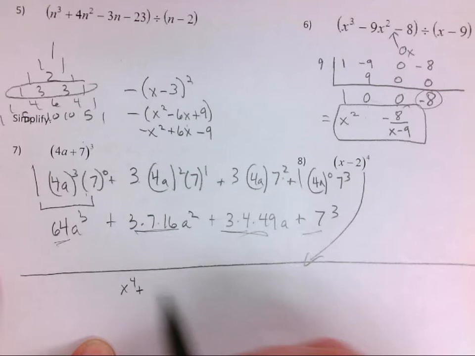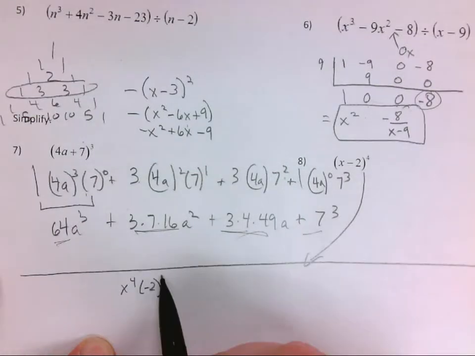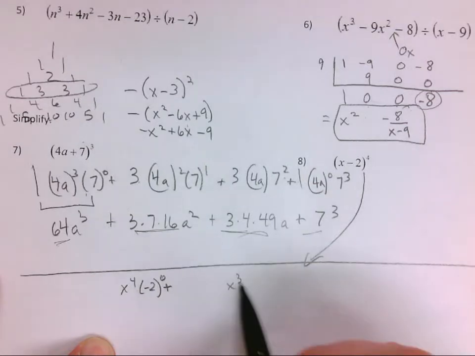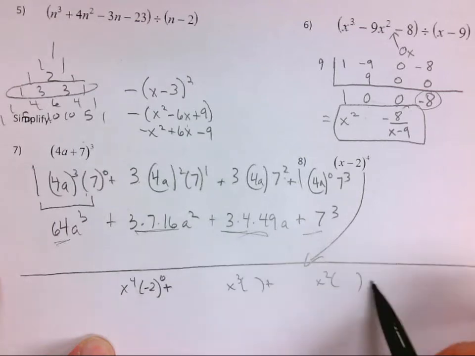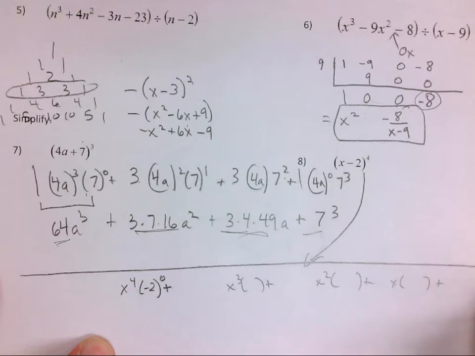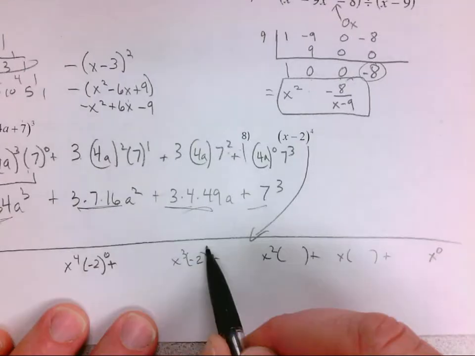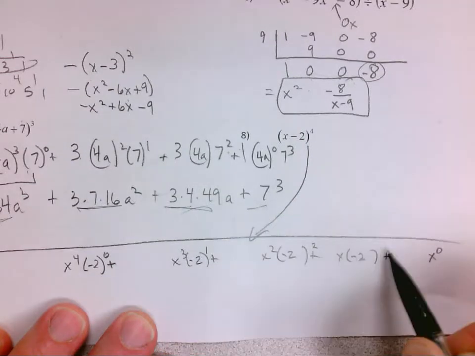X to the third, x to the second, x to the first, x to the 0. I don't really care if you want to expand it this way and then put your negative 2, negative 2, negative 2, negative 2. Whatever, you got to get those numbers there somehow and separate them with signs.